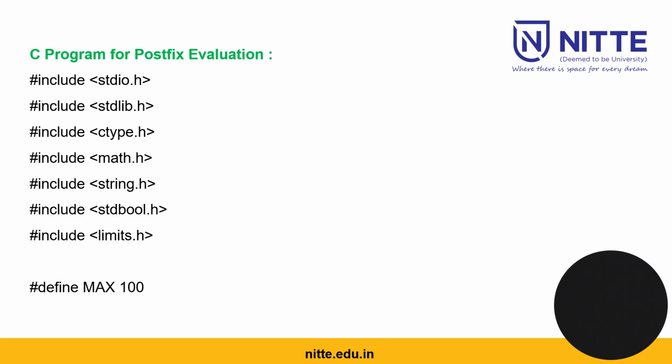First I will write hash include stdio.h. Then I will include stdlib.h, hash include ctype.h, hash include math.h, hash include string.h, hash include stdbool.h, and hash include limits.h.